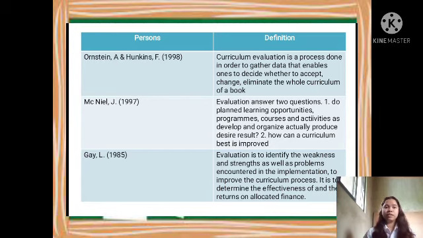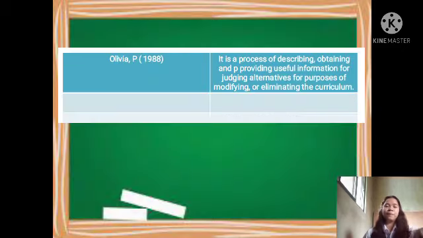The third person is Gay, 1985. Evaluation is to define the weaknesses and strengths as well as problems encountered in the implementation to improve the curriculum process. It is to determine the effectiveness of the return on allocated finance.